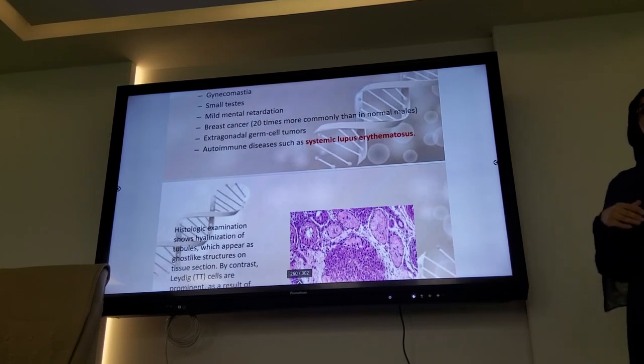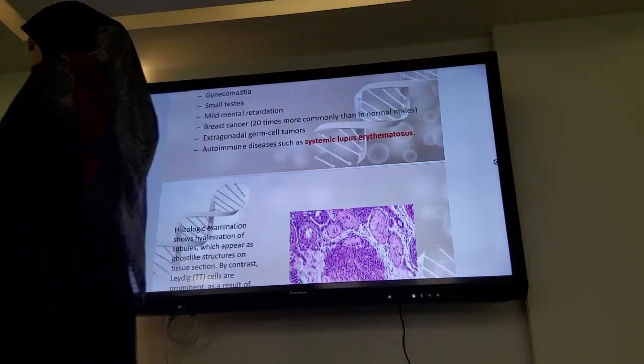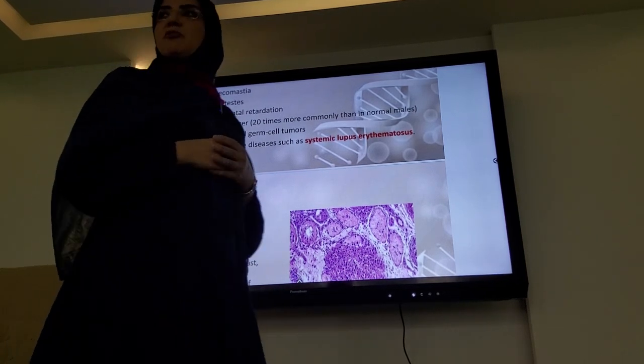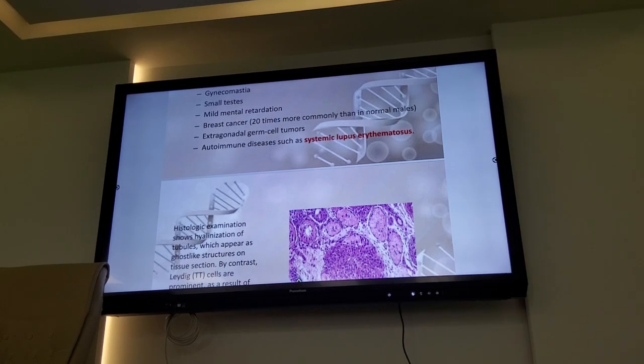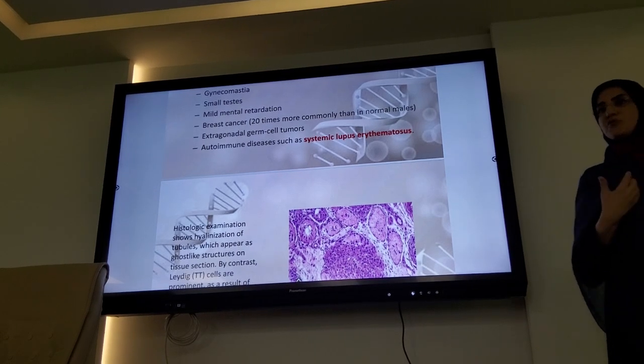Do you know what is SLE? It is related to the antiphospholipid antibody syndrome. Some of them are related to antiphospholipid antibody. In SLE, do you know what's their phenotype? What's their problem? What's their chief complaint?